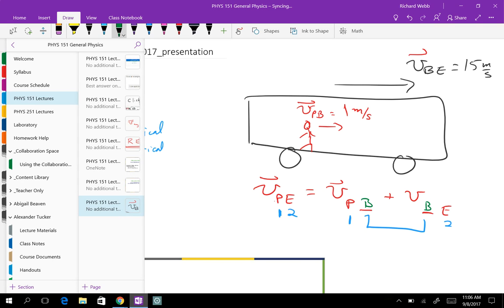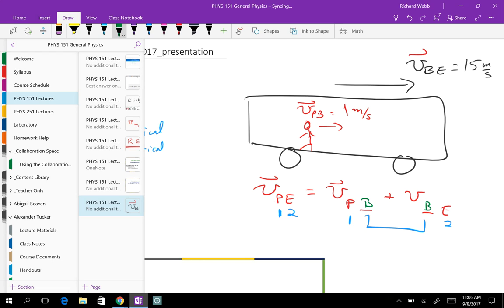And so the problem asks you what the velocity of the ball relative to the quarterback has to be. Well, the quarterback throws the ball, so the first thing you have to do is calculate how fast the ball will be traveling when it leaves the quarterback's hand with respect to the earth, because that's what we've learned to do.